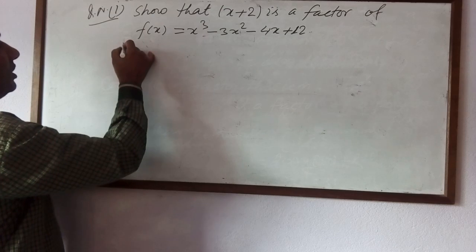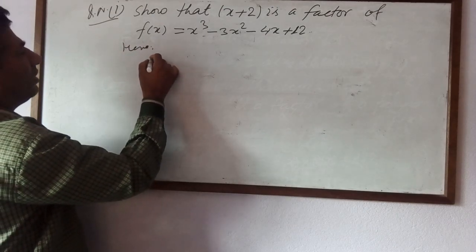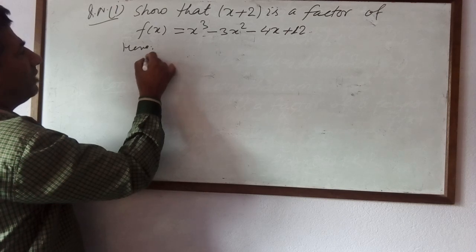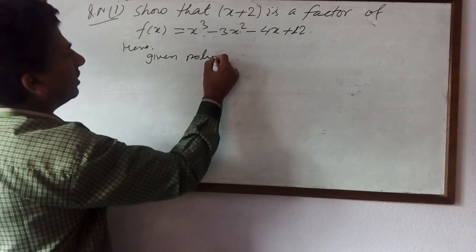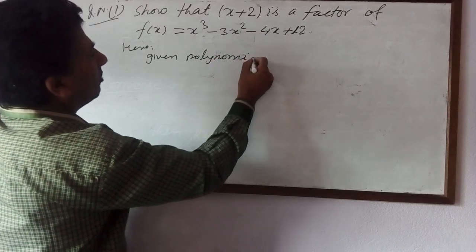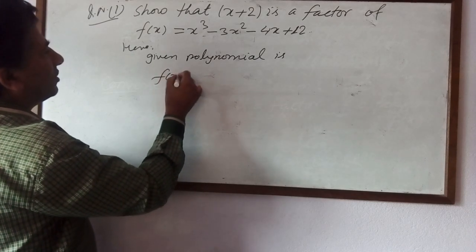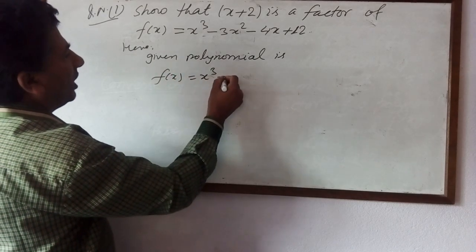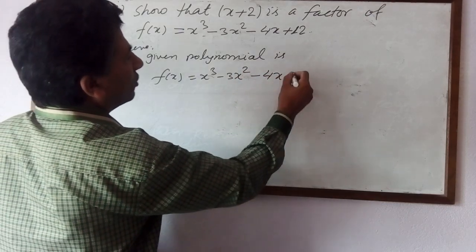Solution. The given polynomial is f(x) equals x cube minus 3x square minus 4x plus 12.